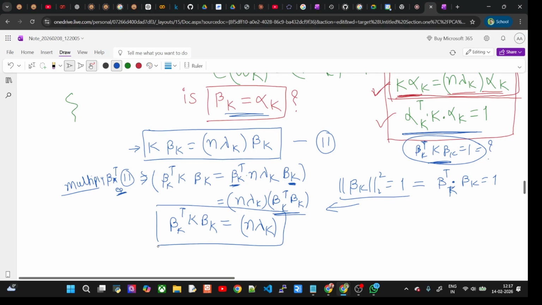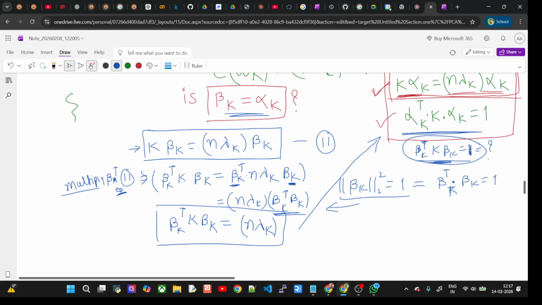But here, if you are saying alpha k and beta k are the same, we are not claiming anything till now, but if you want to say alpha k and beta k are the same, then beta k transpose K into beta k should be 1.